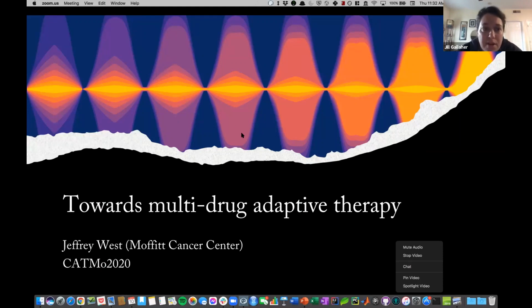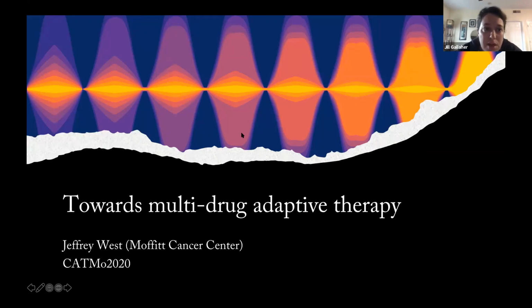He's now been at Moffitt working with Sandy Anderson on adaptive therapy and spatial systems and heterogeneity. He puts together the Math Onco newsletter, and he helped organize this conference. So today he's talking about towards multi-drug adaptive therapy.